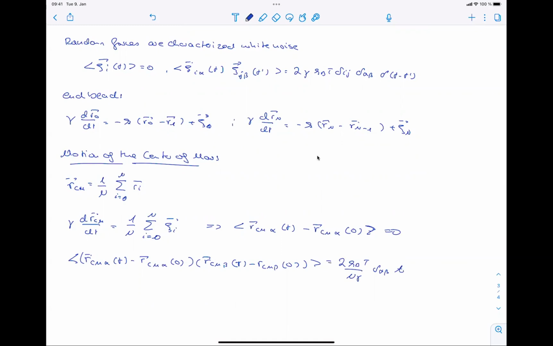So what we see is that over time, the center of mass diffuses with the diffusion constant as defined here. So that would be R squared over dt. So that's the diffusion constant.